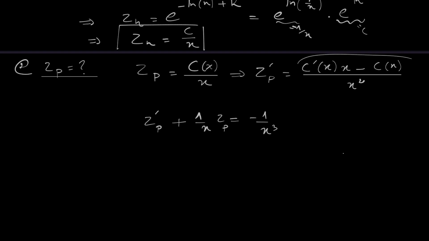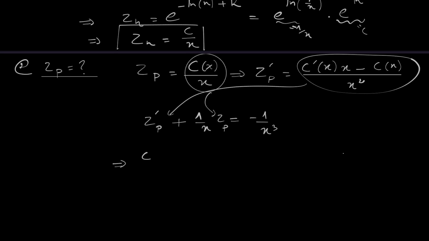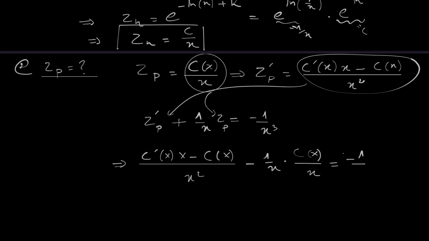Here we plug this here and this here. We can write it in this form: c prime of x over x minus 1 over x times c of x over x equals 1 over x cubed. We simplify it like this.